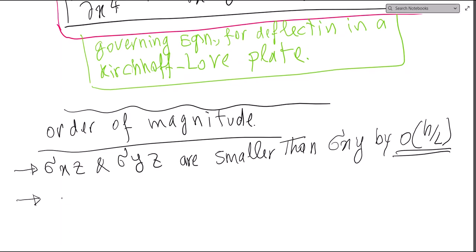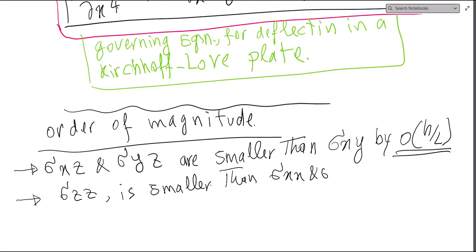Now, the sigma zz, which is another difficulty that we had, is smaller than sigma xx and sigma yy.